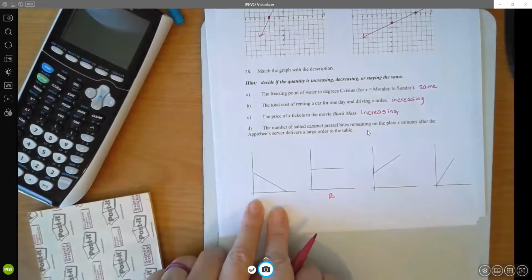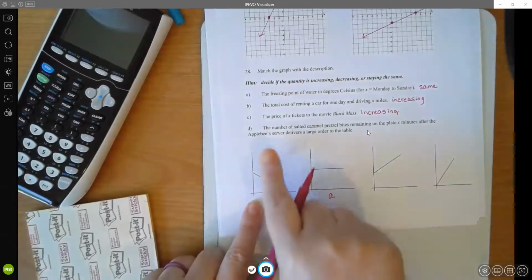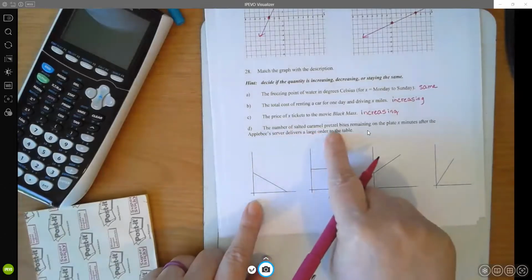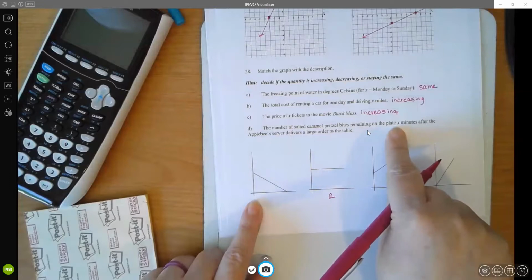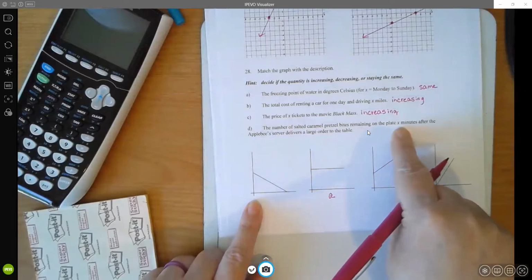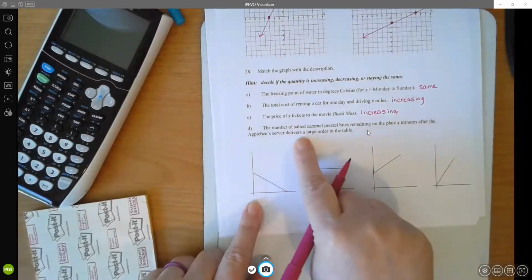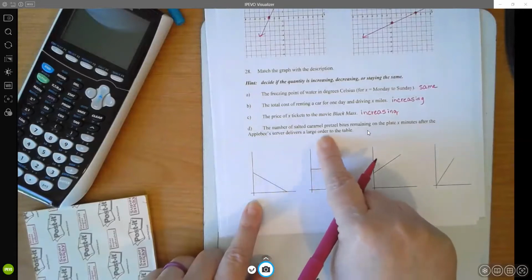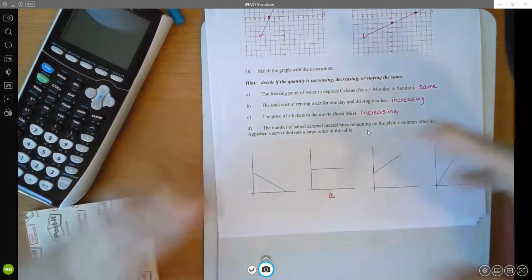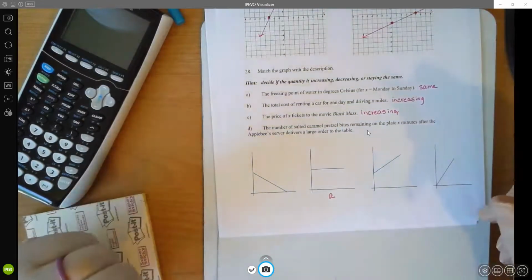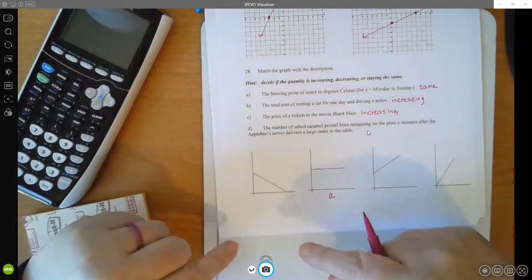Well, let's make sure it looks like D. The number of salted caramel pretzel bites remaining on the plate X minutes after the server delivers a large order to the table. Ooh, that sounds good. Oh, they deliver a big order, and then it's how many are left after they get there.